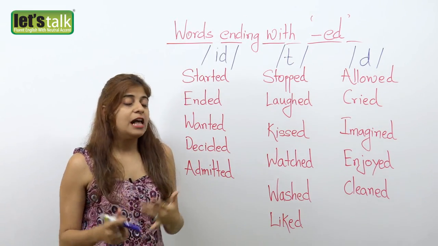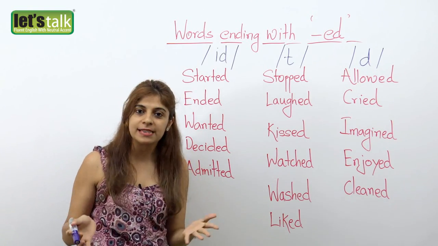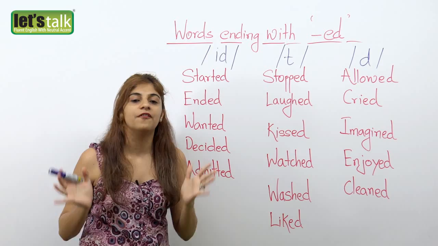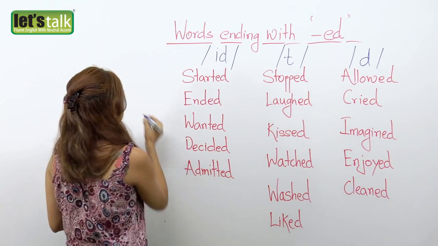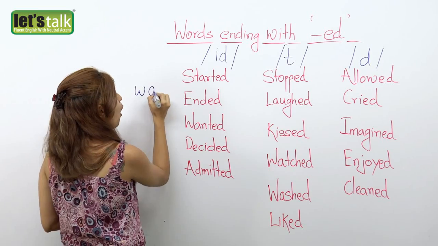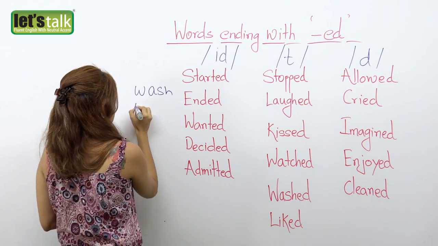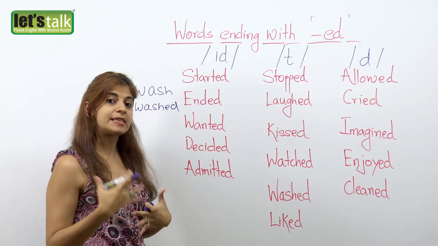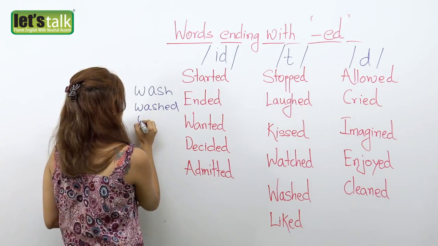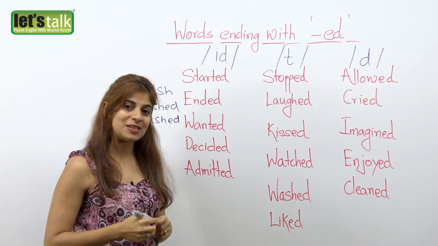Now remember, the past simple tense and the past participle of all the regular verbs end with ed. For example, if wash is the regular verb, then washed will be the past simple and washed will be the past participle.